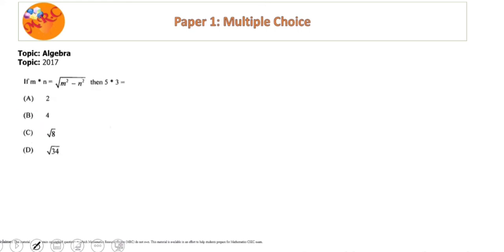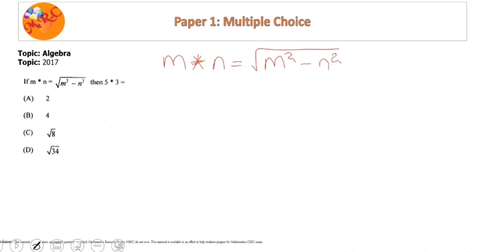Good? Continuing. If m asterisk n equals the square root of m squared minus n squared, then 5 asterisk 3 is. So this is what I tend to do with a question like this. I'm setting it out, and for me, I think alignment is very important. So this is the formula that they give, and I'm writing out the formula.